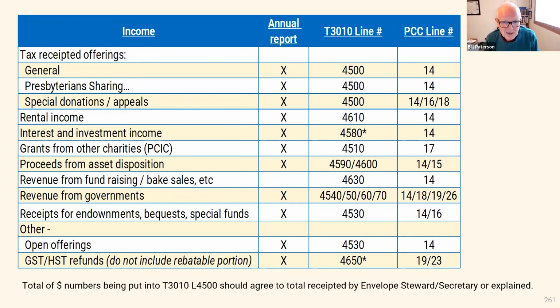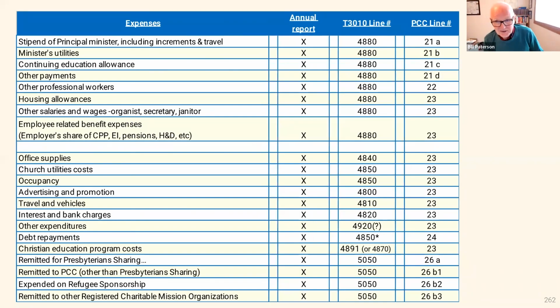So one way of using this form is to, if you have a choice, then carefully read what it's saying in the guide, because that will help you understand why certain things can go in different boxes. Don't just assume that everything goes in 14 or 16. Okay, next slide.